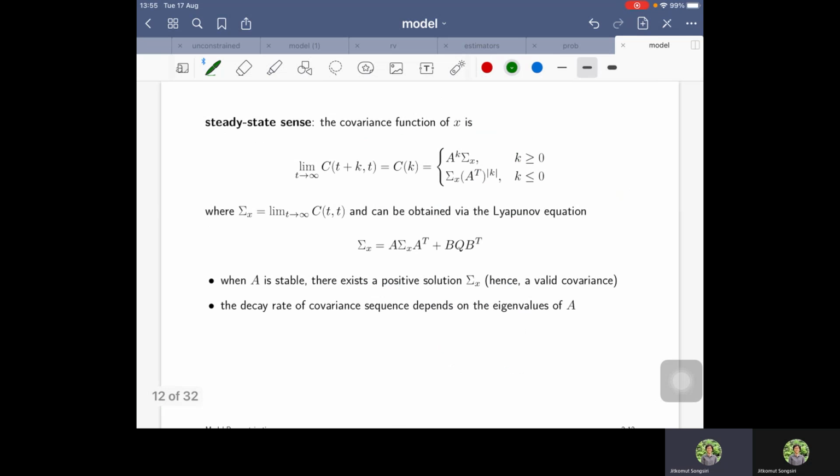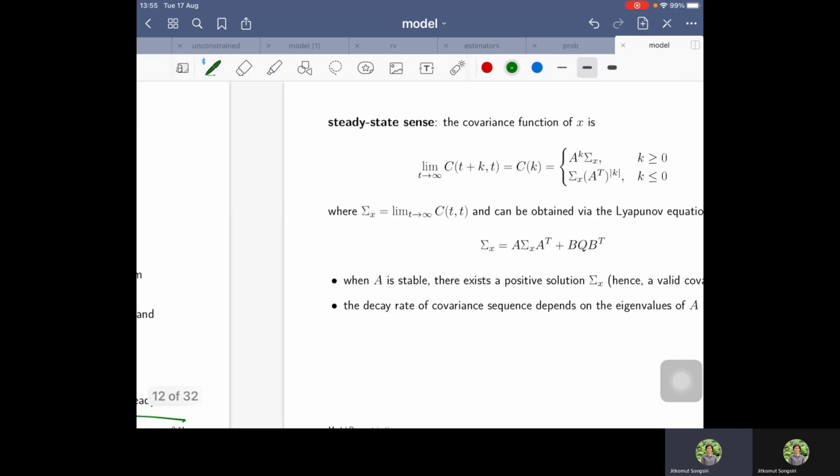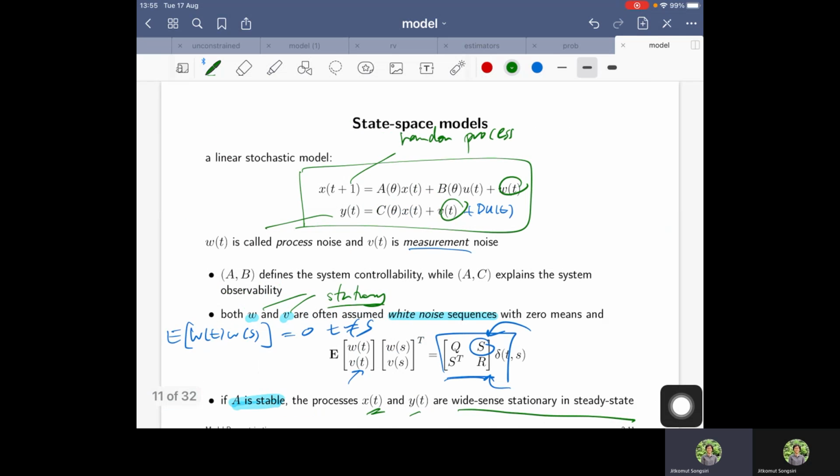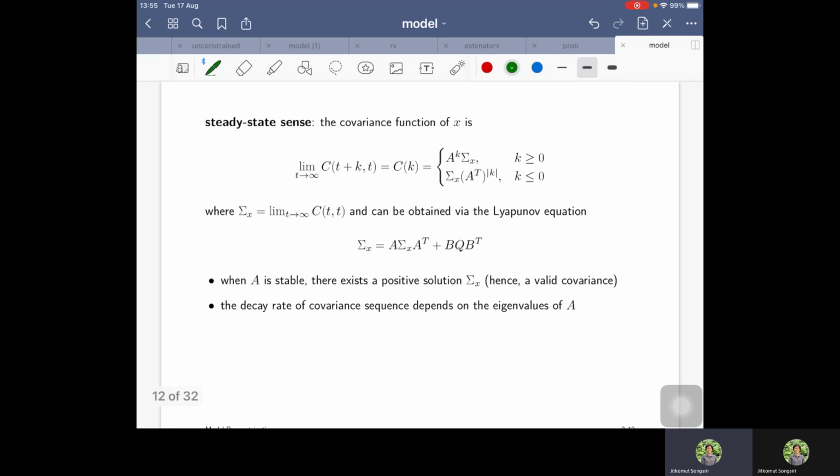I'm just going to put the result on the state variable only, because the output equation is just linear in X. So you can just develop the results on your own.